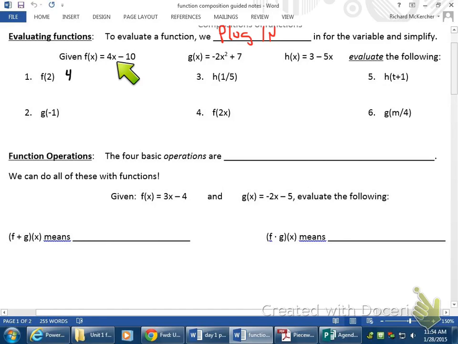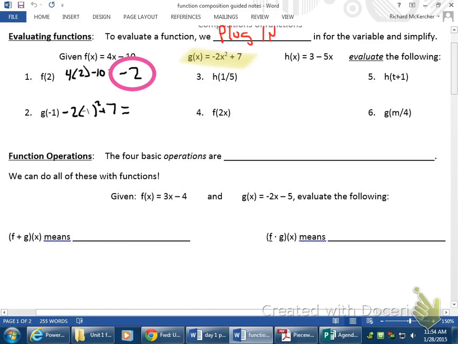Now I have three functions here, f, g, and h, so make sure you pay attention which one's which. On number one, it's f, so we're going to plug into the f function. If I plug in a 2 for x on the f function and evaluate, 4 times 2 is 8 minus 2 is, 8 minus 10 is negative 2. On the second one, notice I'm using g, so I use the g function.